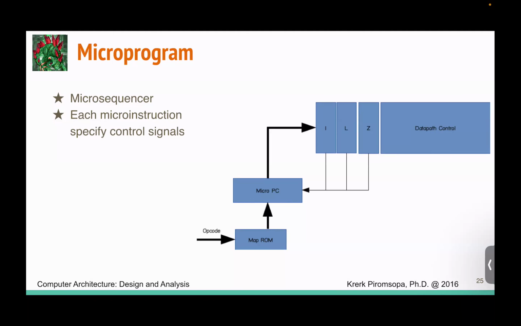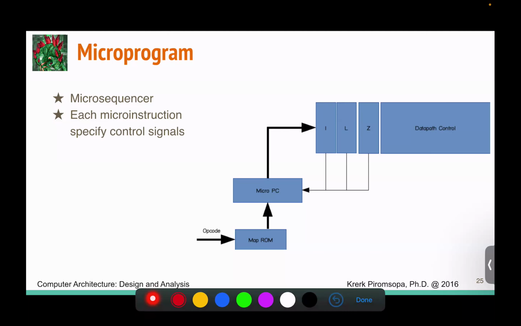This is how it works. Microprogram got something special we call micro PC, a very small register inside it. And we have control sequence up here, which will make the data part control signal. But you will understand it better when I show the real examples.